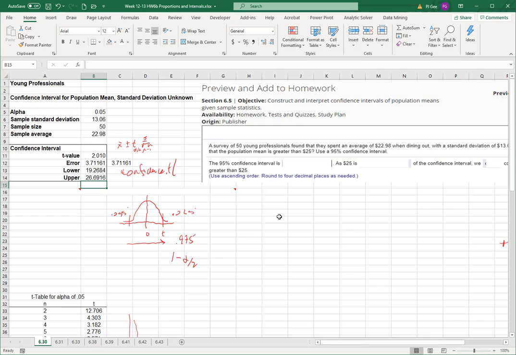Okay, so what this says is we have a mean. Try to draw this compact here. We have a mean of 22.98, right? And the confidence interval goes out to, now remember, our standard deviation is 13, 13, 13, and another 13, 13, 13, and another 13.